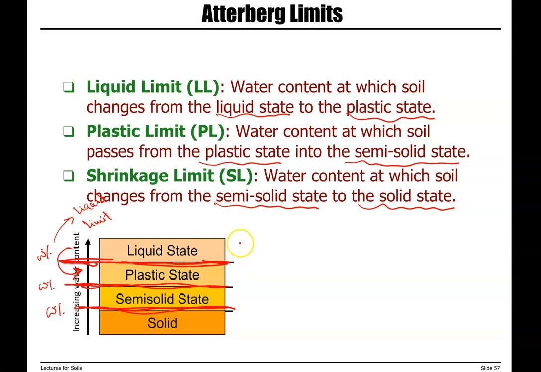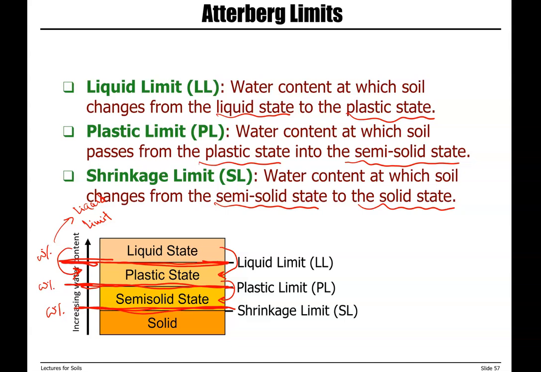So to recap, the liquid limit is the water content at which soil state changes from liquid to plastic. The plastic limit is the water content at which the state of soil changes from a plastic state to a semi-solid state, and then we have the shrinkage limit, a water content at which the state changes from semi-solid to solid.